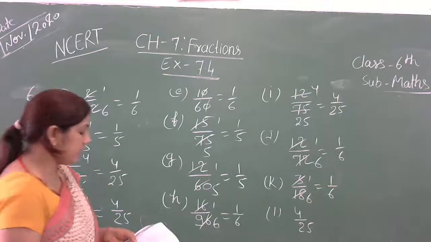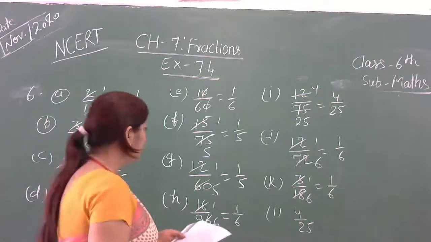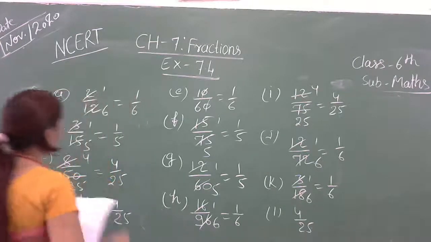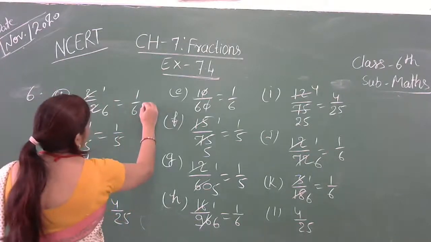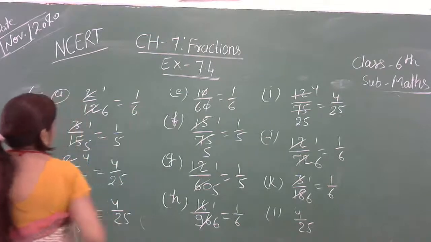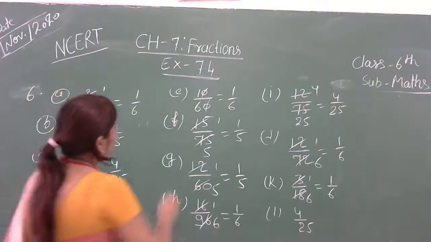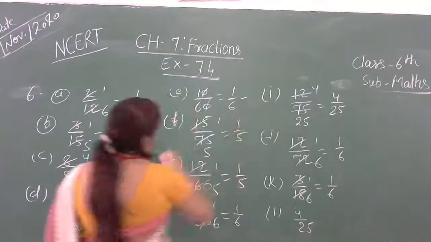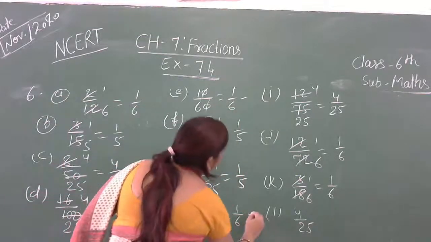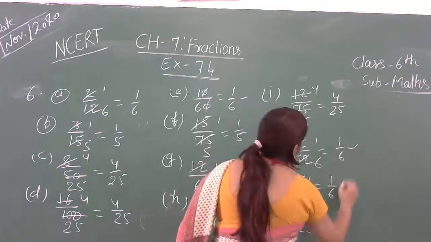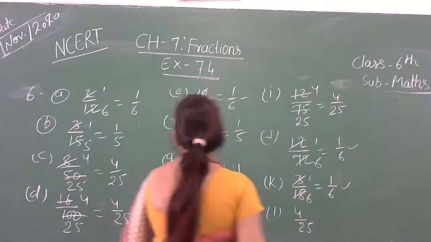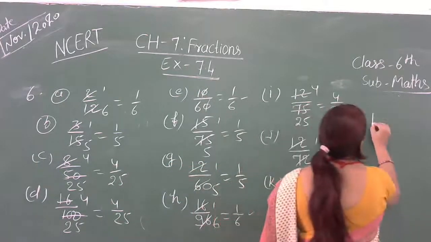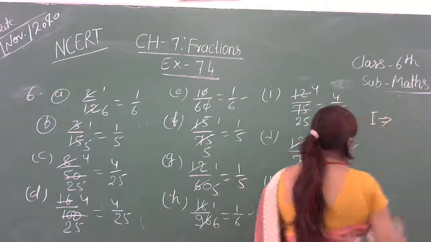Now arrange the equivalent fractions accordingly. First start from 1 upon 6. How many? Got it? 1 upon 6. So 1, 2, after that 3, 4, 5. So what is your first group of equivalent fractions?